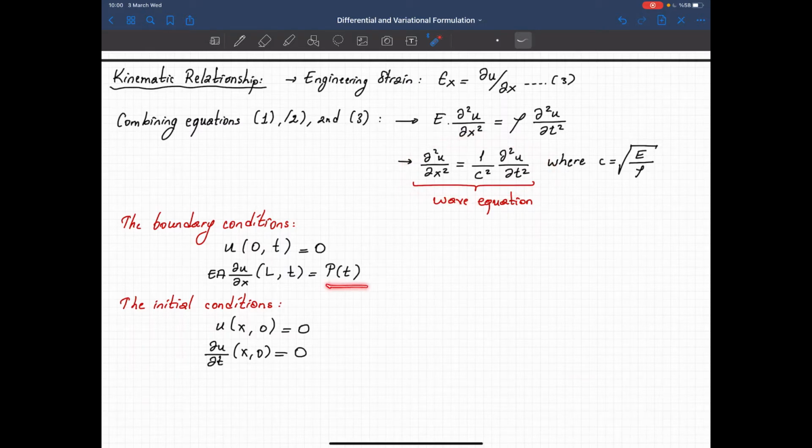It depends on PT, right? So if you have a very discrete PT, applied force, we cannot get a solution. If a very complicated applied force, again, it becomes very difficult to solve this wave equation. But if we solve the wave equation, the answer will give me the deformed configuration at every point on this member, at every time instant.